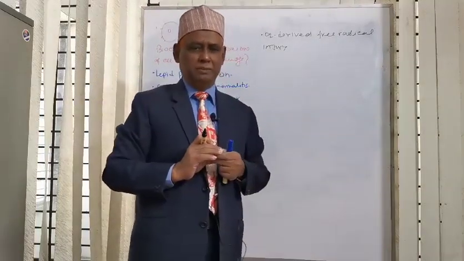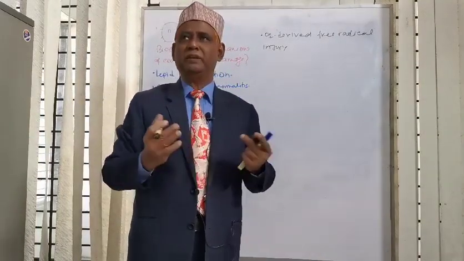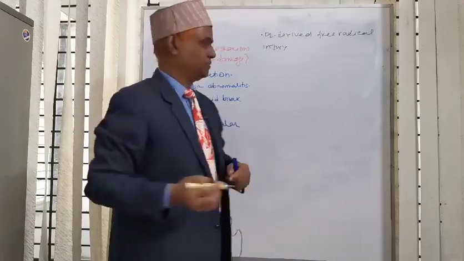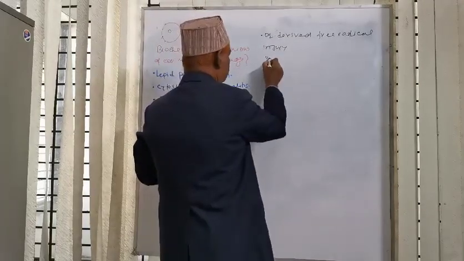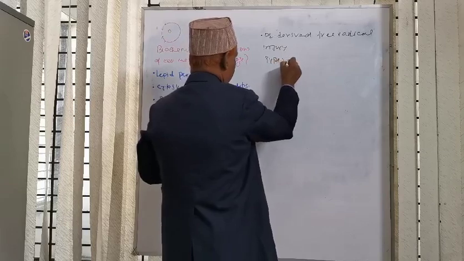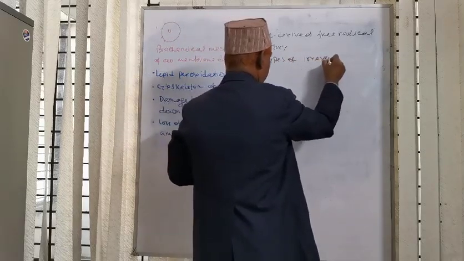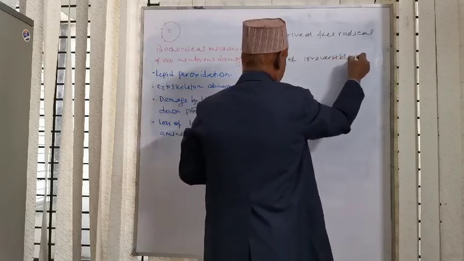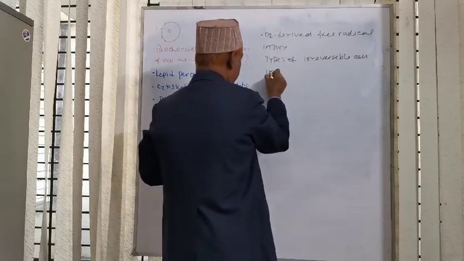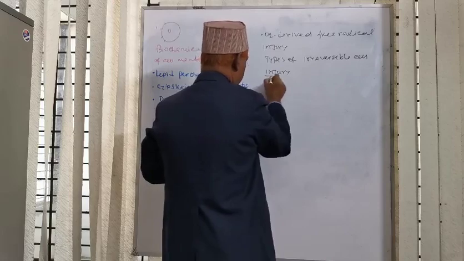Now come to the types of irreversible cell injury. That means the types of cell death.